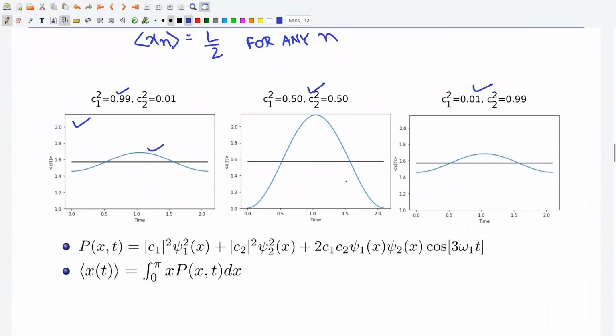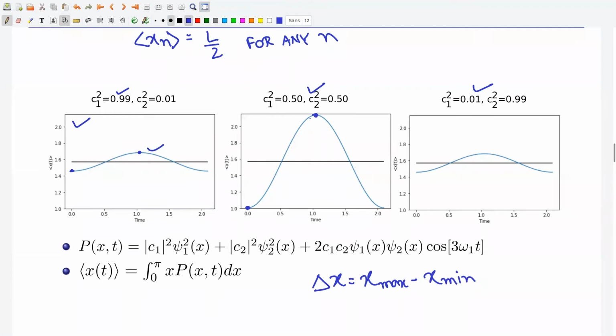If we define position uncertainty as the difference between the maximum and minimum value of the position expectation value, that is delta x equals x max minus x mean. For example, in this case, the x mean is here and the x max is here. And in the second case, the x mean is here and the x max is here.